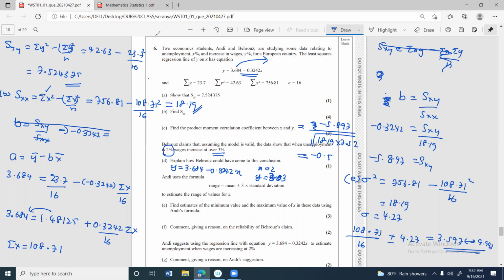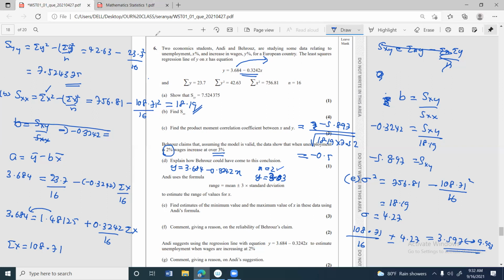When you're working out with this, you can understand that when x equals 2, the y value is 3.03, but according to this range, this value does not fall into it.